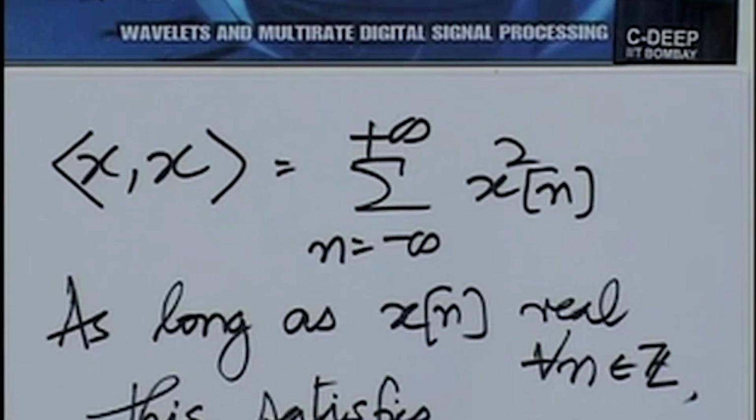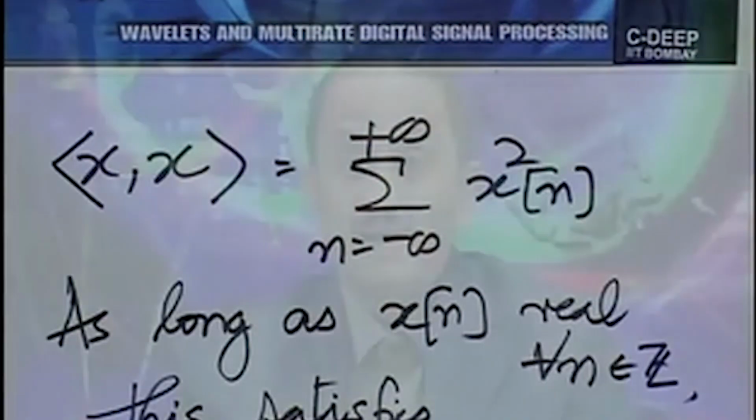It is non-negative and it is 0 if and only if the sequence is identically 0. But what if this is complex? So, we have to allow complex sequences too.